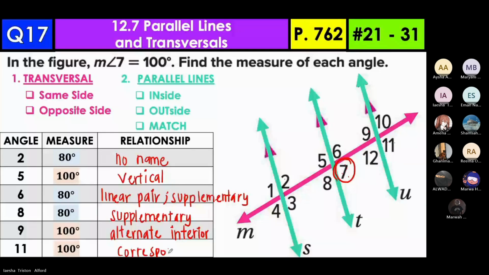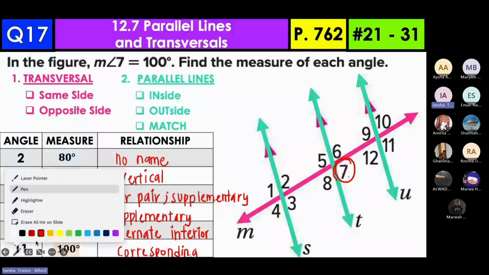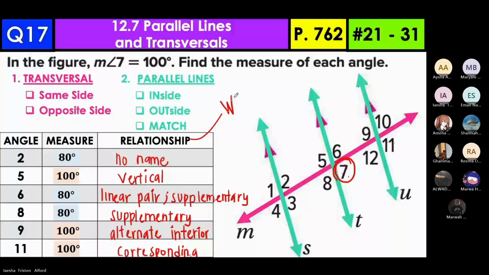Why are we talking about this? Because in the exam, they may ask you why, or they may say, explain. So how does it go if they say explain? Angle 5 is 100 degrees because angle 7 and 5 are vertical angles.